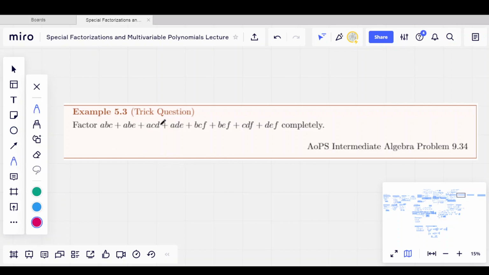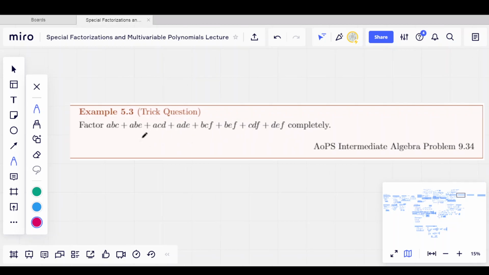Factor this expression, A, B, C, A, B, E, A, C, D, blah, blah. Before you start with the multivariable factor theorem and finding the degree, of course we can just say that the degree of this thing is 3, right?